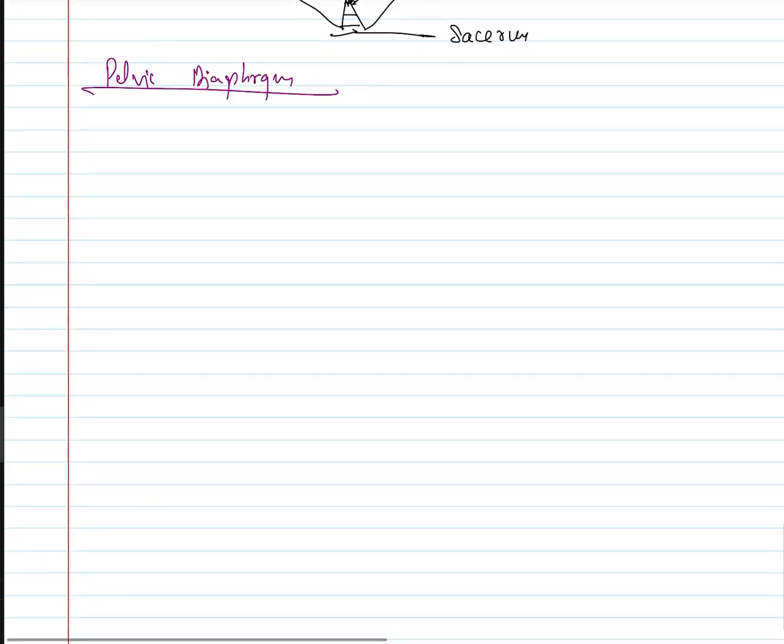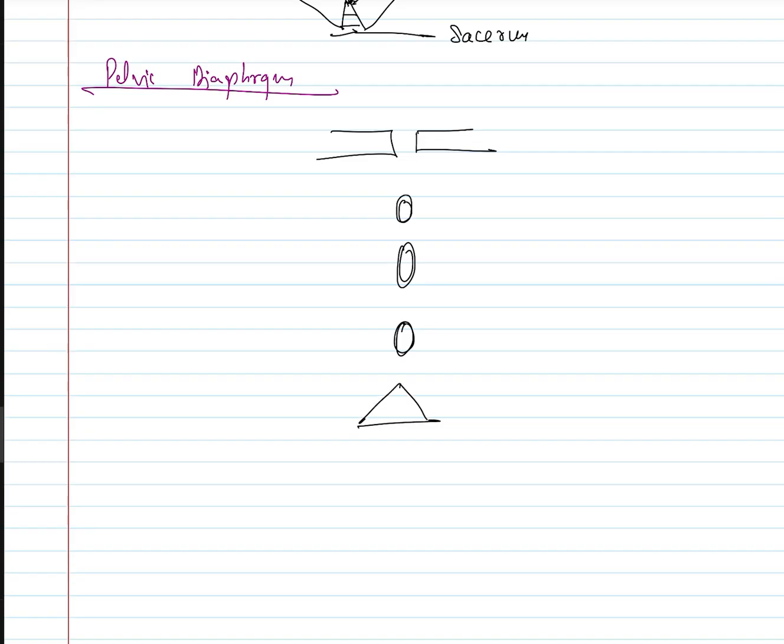So this levator ani forms your pelvic diaphragm. This is your pubic symphysis, and here is your urethra, vagina, and the anus. This is your sacrum. So this pelvic diaphragm mostly contains your levator ani muscle.